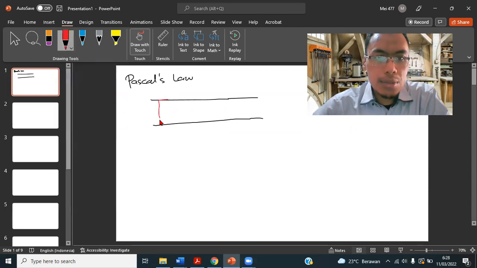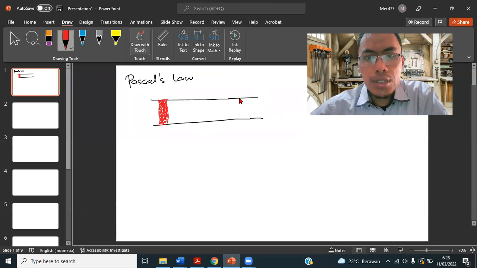Jadi kayak ada semacam penutup gitu, ya. Okay, and then also on the right side I put the same seal here.